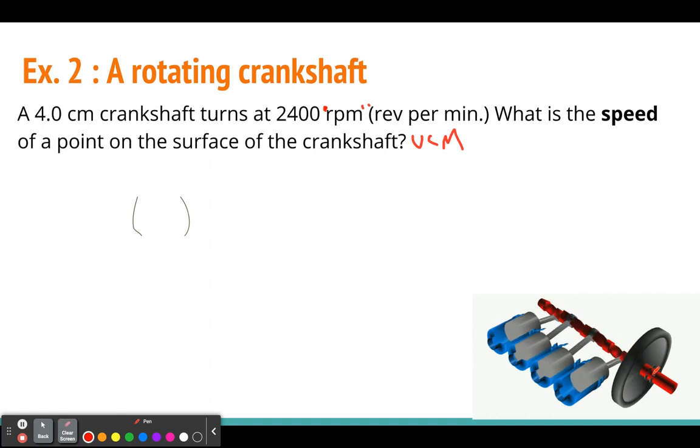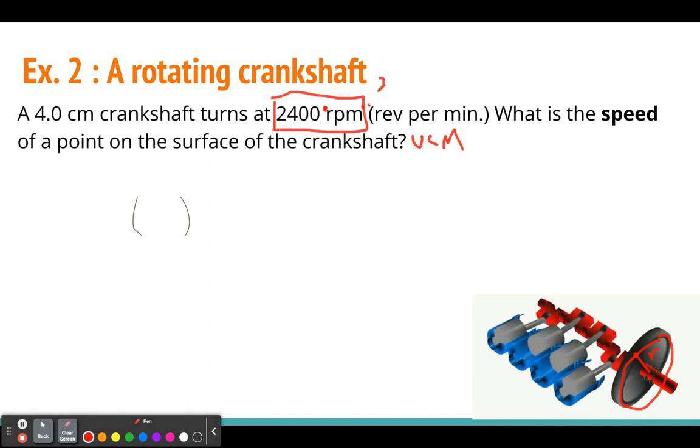You can see an example of what a crankshaft is down here on the right-hand corner of the screen. So basically, we're looking at a point on this rotating crankshaft that's located at a radius r from the center of that circle. We're given the rate of rotation, right? We're told it makes 2,400 revolutions every minute.